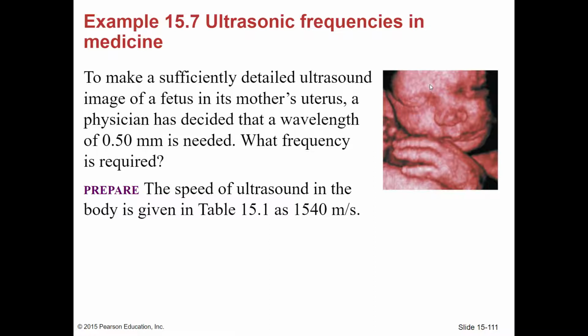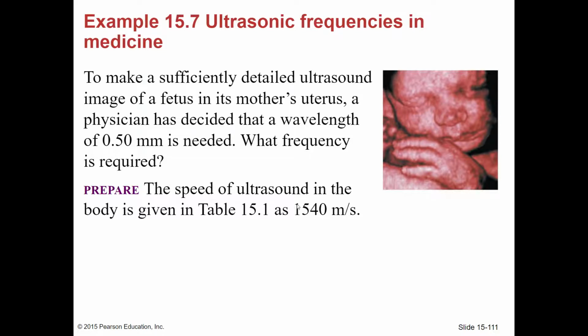Well, if you don't have that equation stuck in your head, you have no idea how to even approach this question. But with that equation, we know we relate frequency, wavelength, and speed. It gives us wavelength. The book itself gives us the speed. The speed of sound through body is 1,540 meters per second.